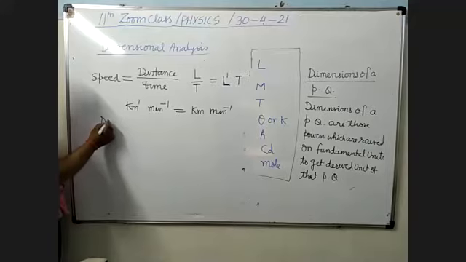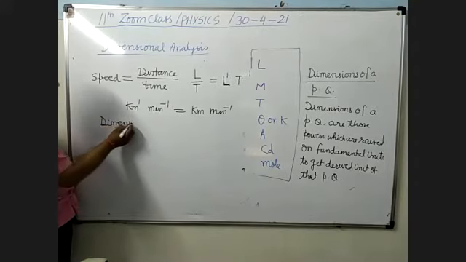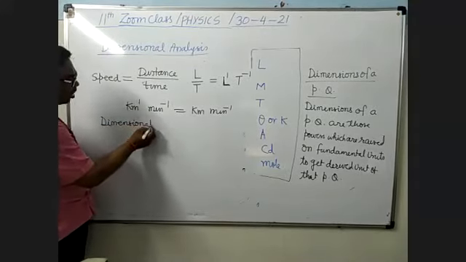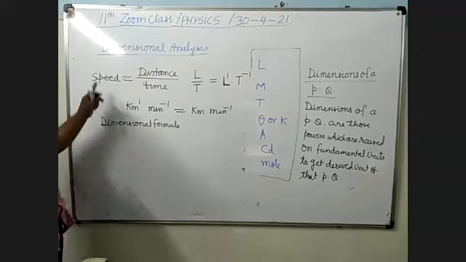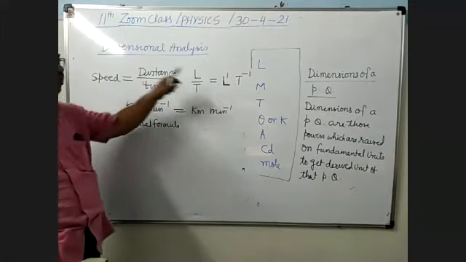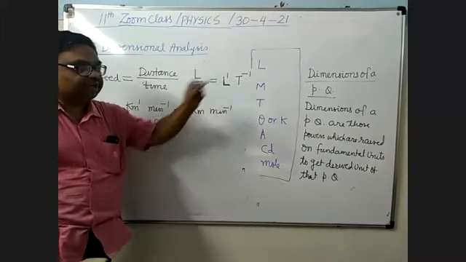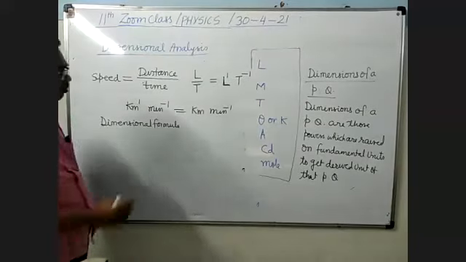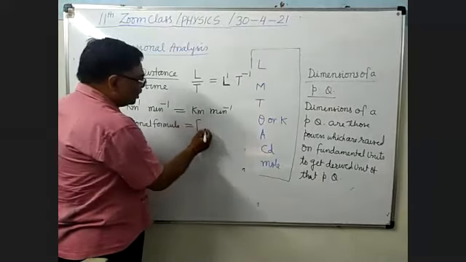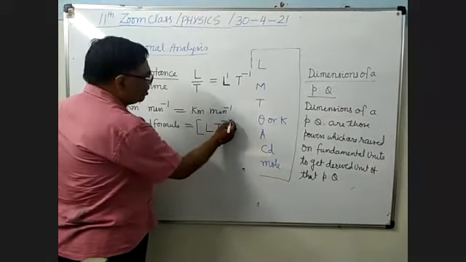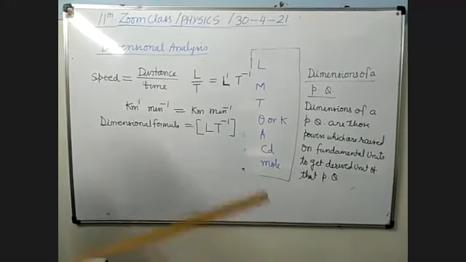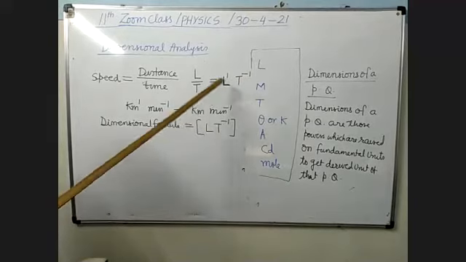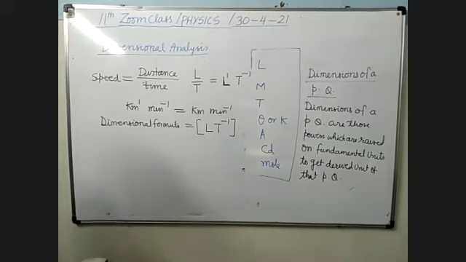Instead of saying that the dimension of speed is 1 power on the unit of length and minus 1 power on the unit of time, we will say LT^-1. It is communicating the same thing as we have said in the verbal form.